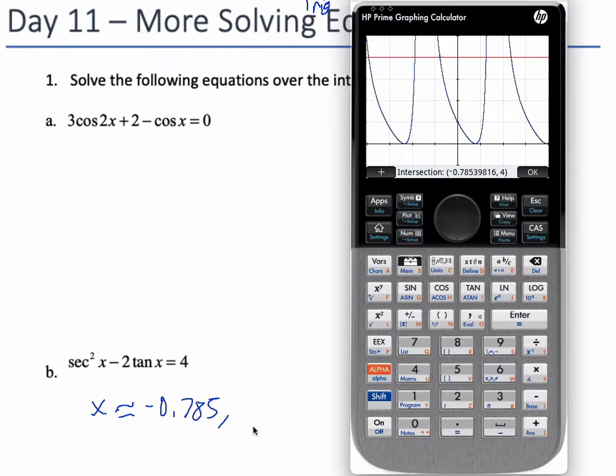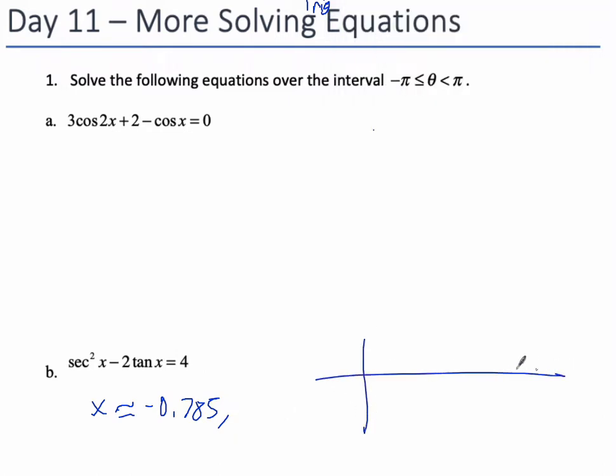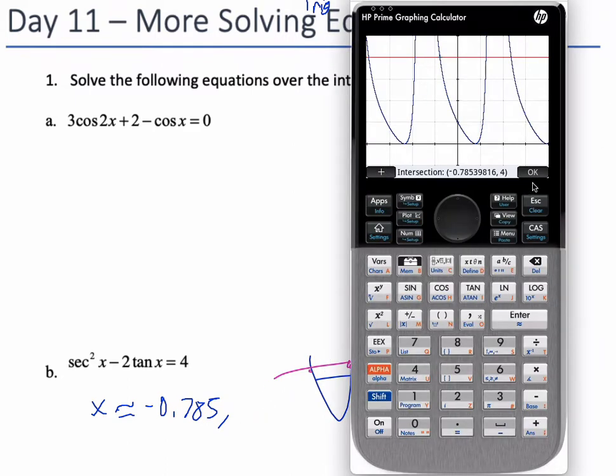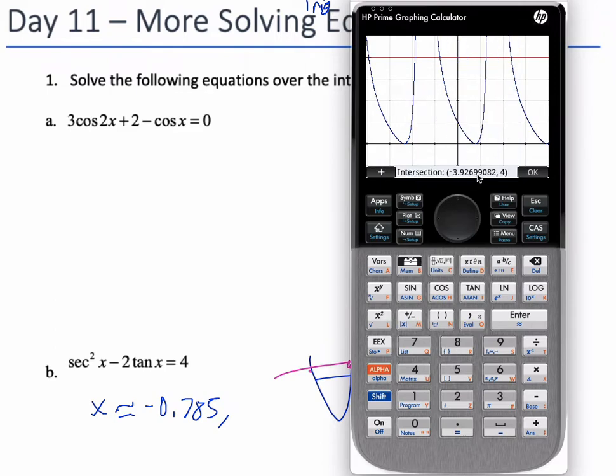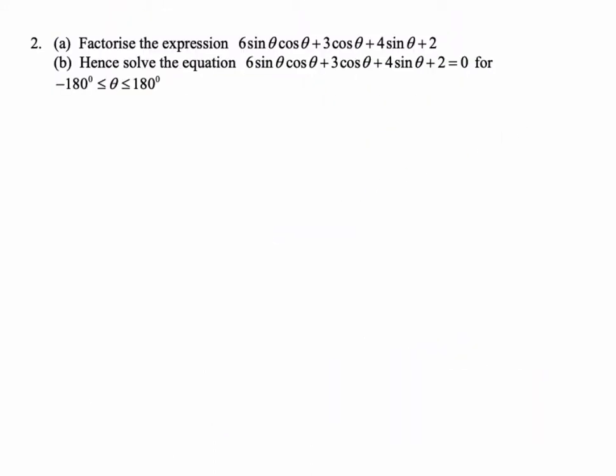There's 5 answers, so you can list them all. To show your work, you could do a little sketch and show the line intersecting at 5 points. You can get all 5 answers the same way. If you want this answer over here, click here, then go to function, intersection, and you get that point as well. Anyway, let's move on to the next question.